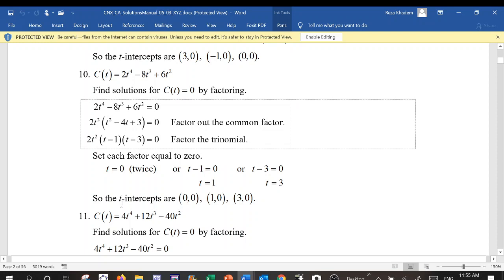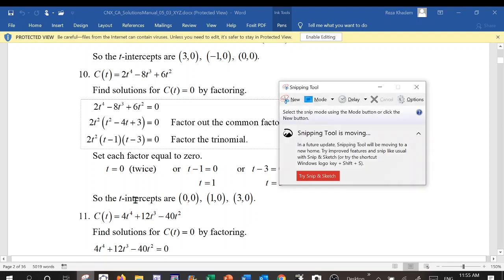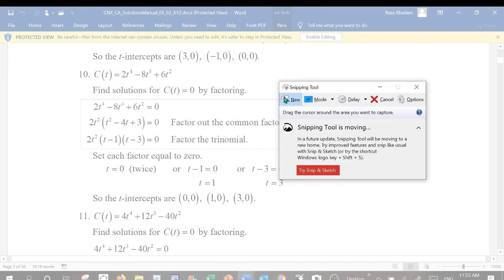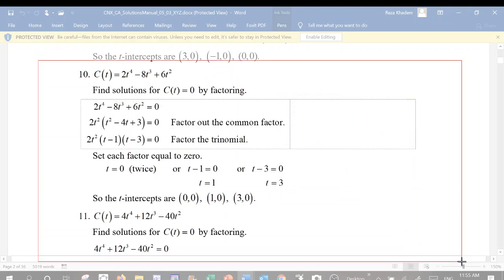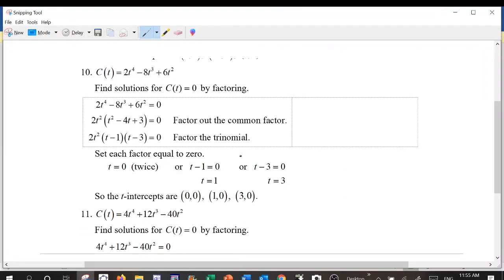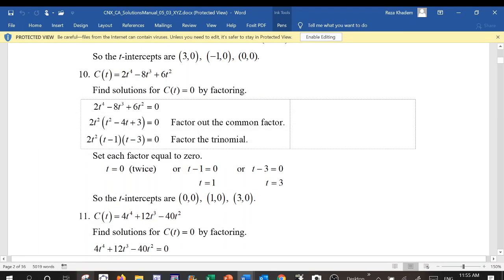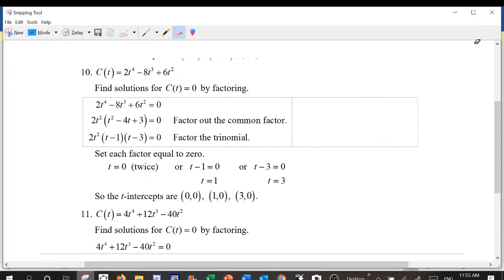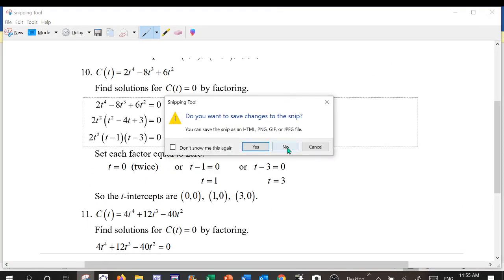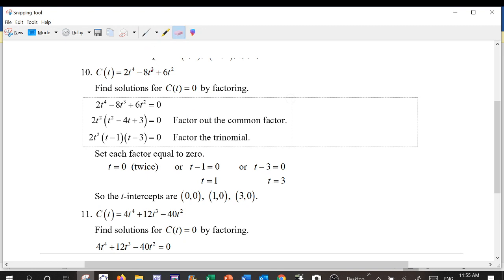Let's do number 10. So here we just have to find the x-intercepts, but what I like to do is actually graph it.